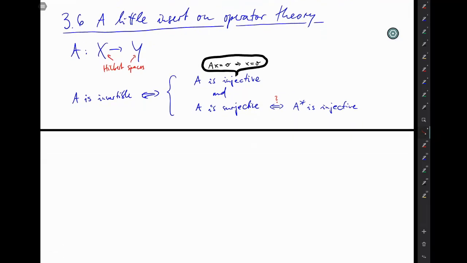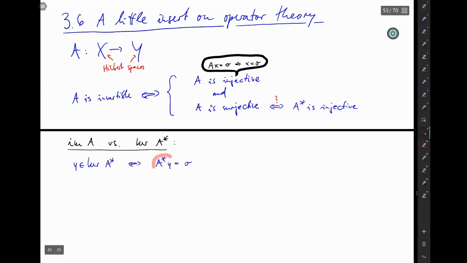Okay, so this here is about the image of A, and that here is about the kernel of A star. How are these two spaces connected one to another? So let's start with the kernel of A star here. A star is going the other way around. It's going from Y into X. So a little y is in the kernel of A star if and only if A star turns it into 0.